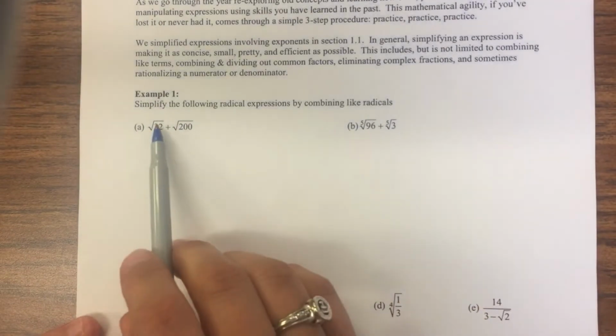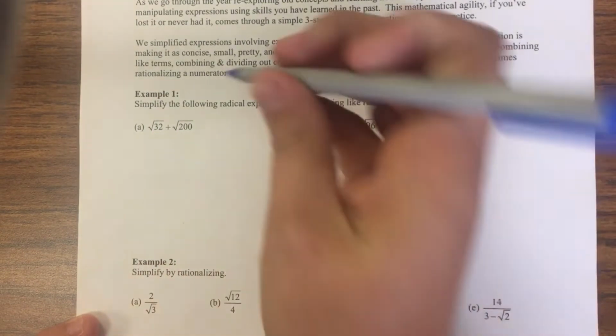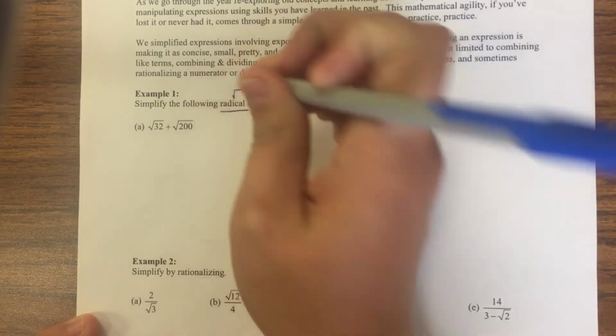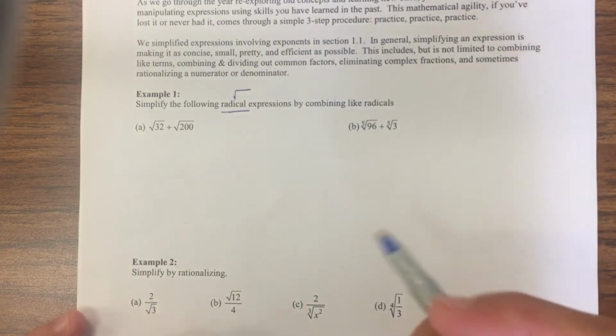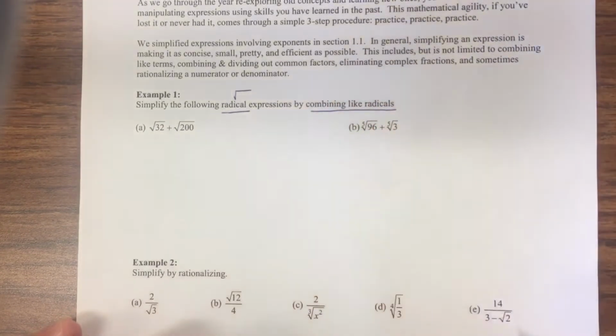So in example A, example 1 wants us to simplify the following radical expressions. Well, a radical expression is just an expression with a square root, or a third root, or a fourth root, or something like that, by combining the radicals, okay?